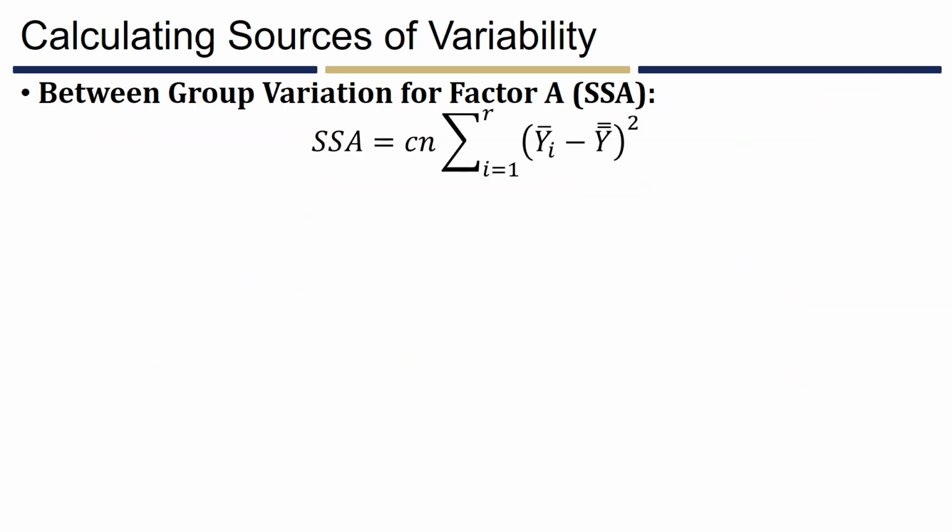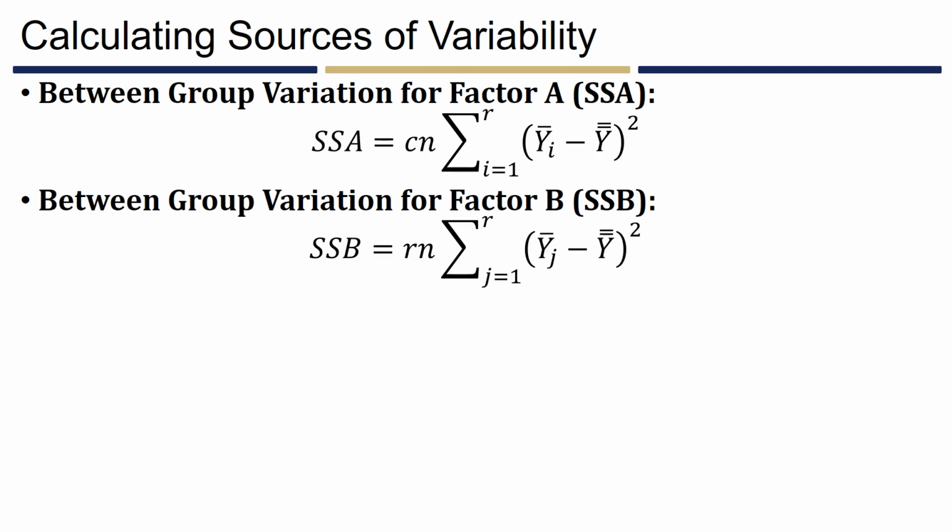Now, calculating the sums of squares looks considerably worse than it actually is. The between-group variation for factor A is found by taking the group mean for each category in factor A, subtracting off the grand mean, squaring the difference, adding up the squared differences, and then multiplying by the number of categories in the column variable C, as well as the number of observations per cell, n.